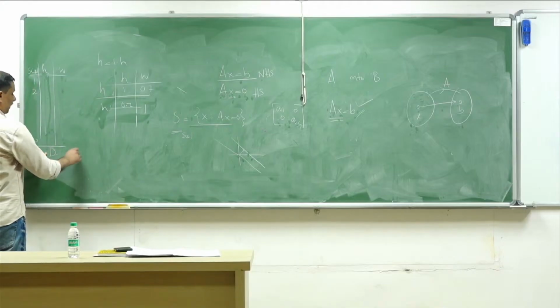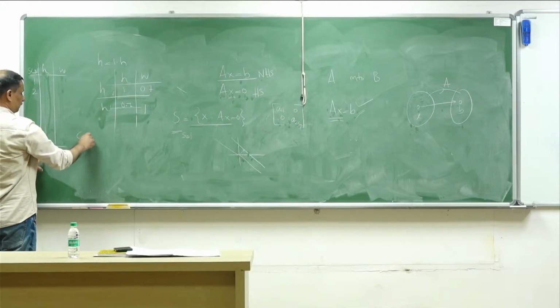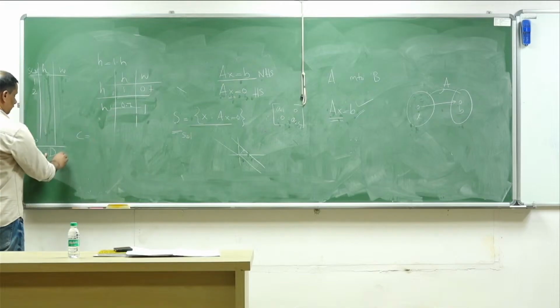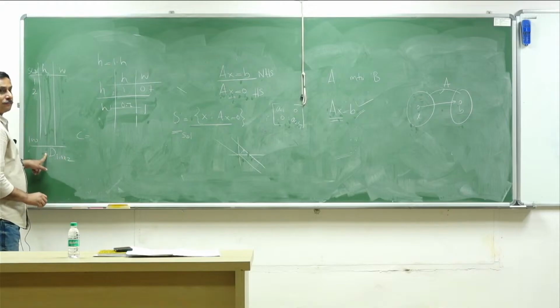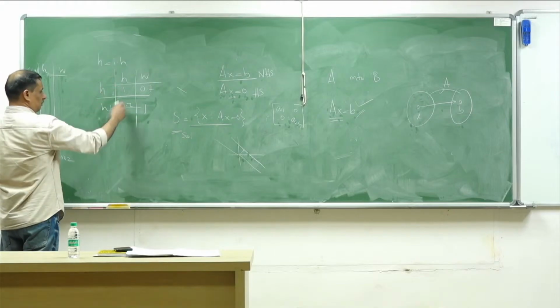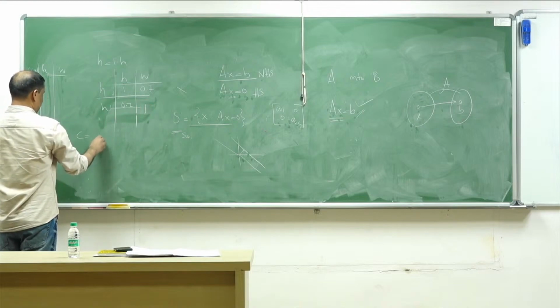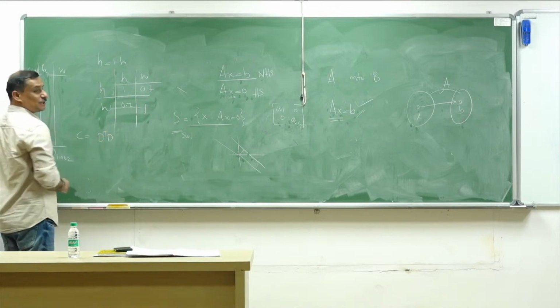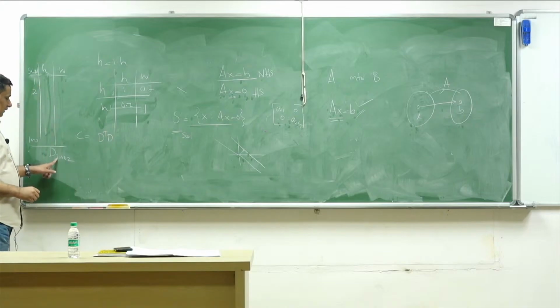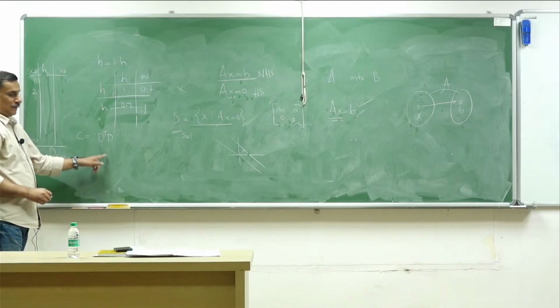I want a 2 by 2 covariance matrix. What should I do? D transpose D: D transpose is 2 by 100, D is 100 by 2, so you get a 2 by 2 matrix.